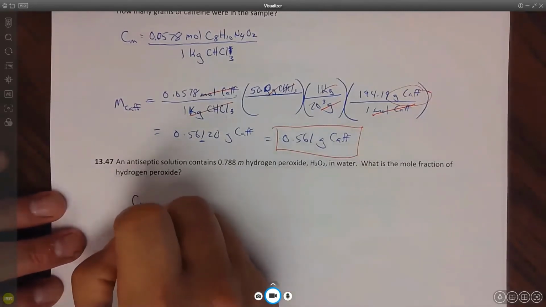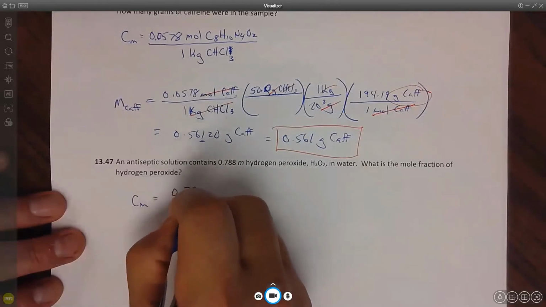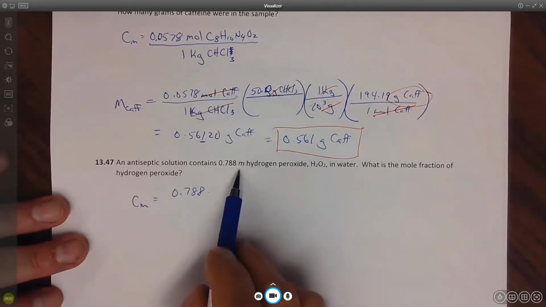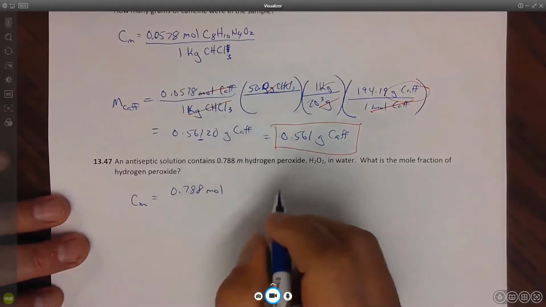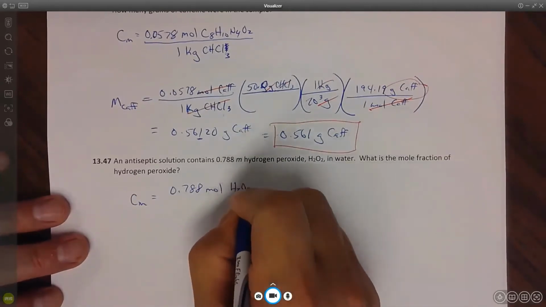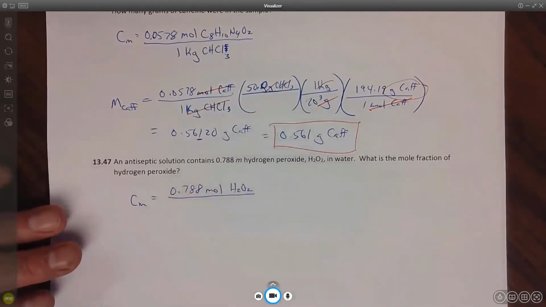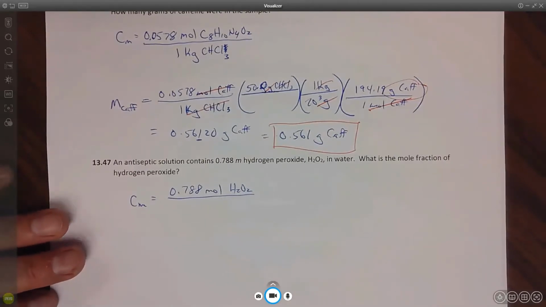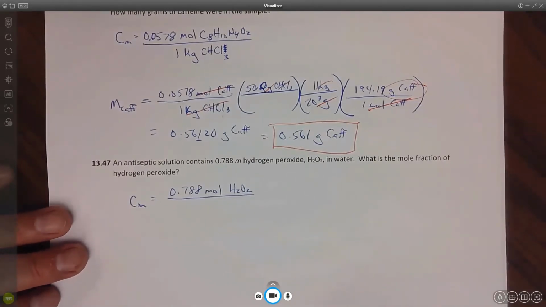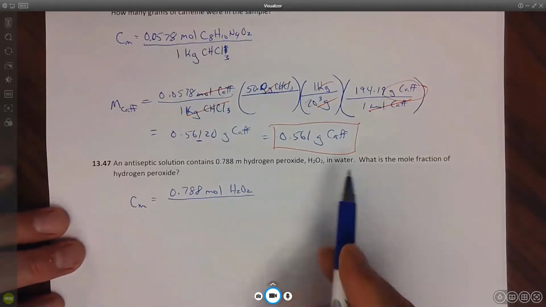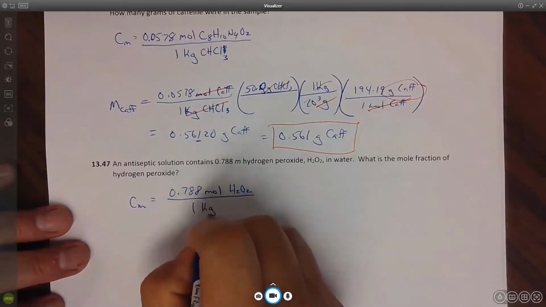If I have a 0.788 molar solution, which means I have moles of my solute, which is the hydrogen peroxide, per kilogram, then what is my solvent? The solvent would be the water. It's just water. It's in water, right? So that means I got 1 kilogram of water.